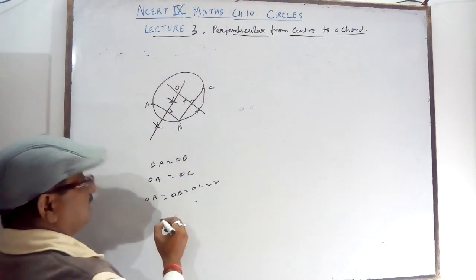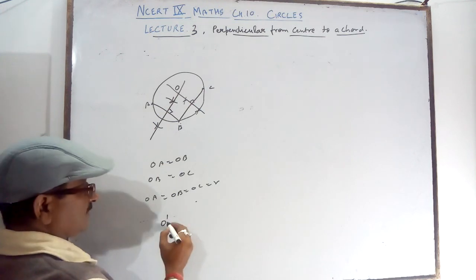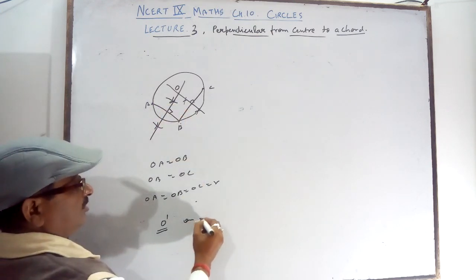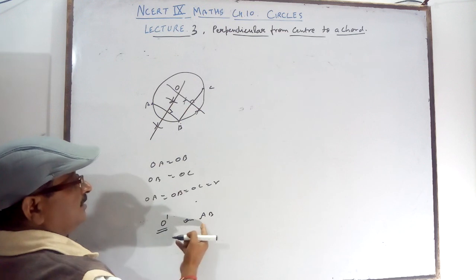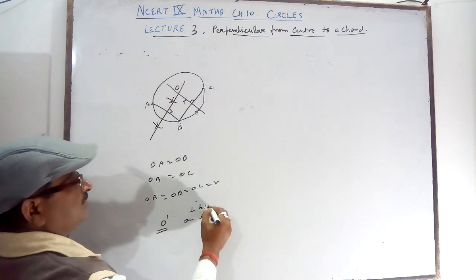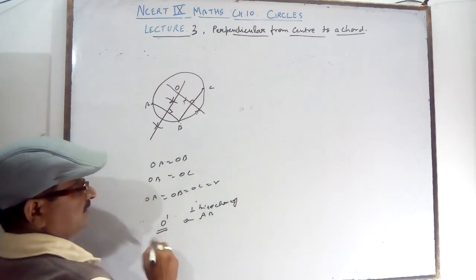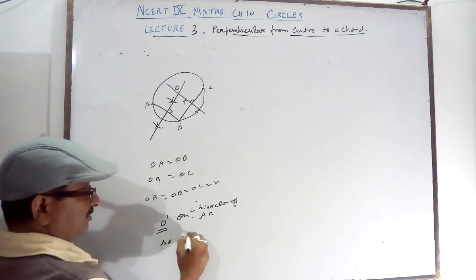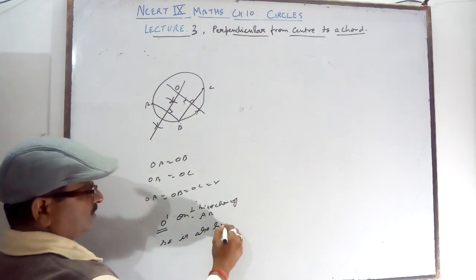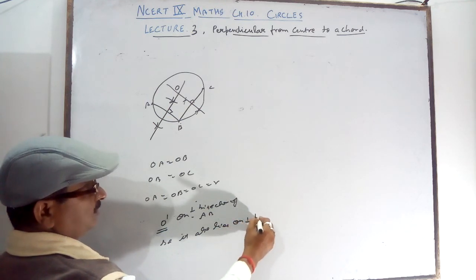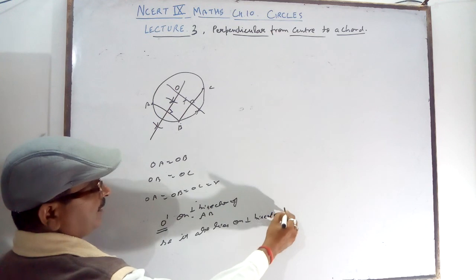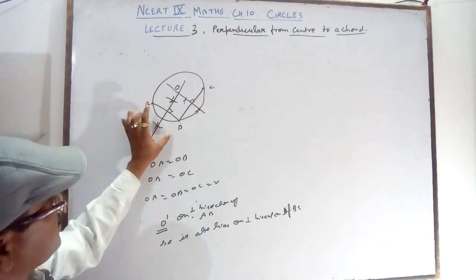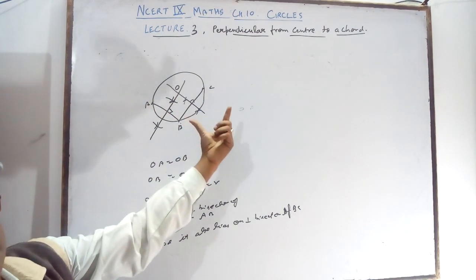Let another center O dash lie on the perpendicular bisector of AB. So it also lies on the perpendicular bisector of BC.